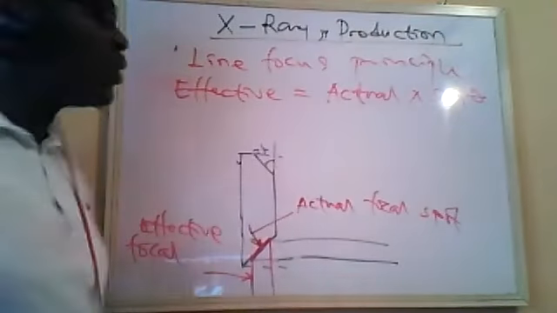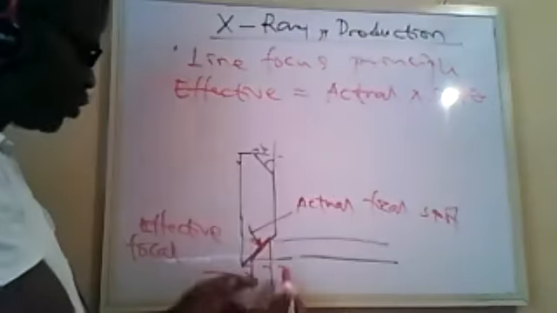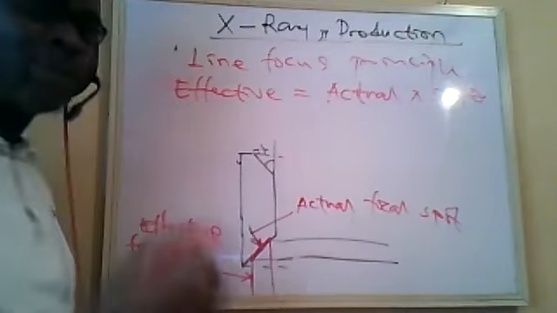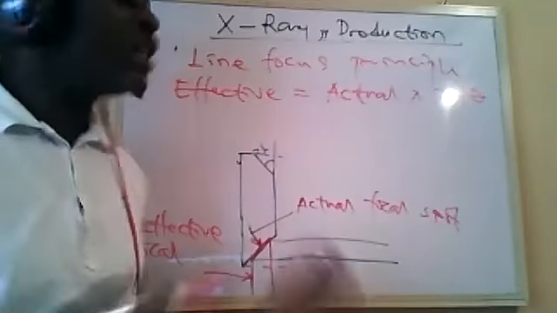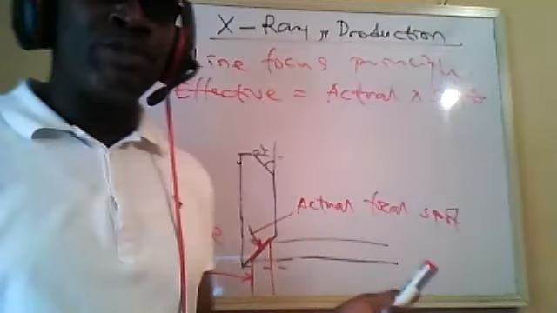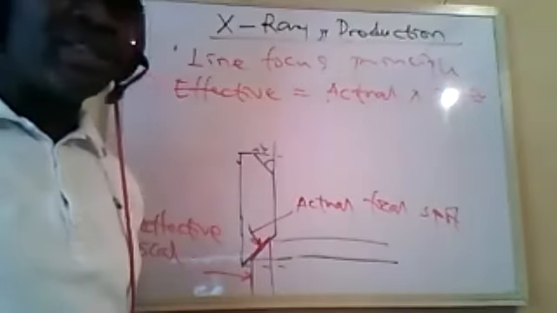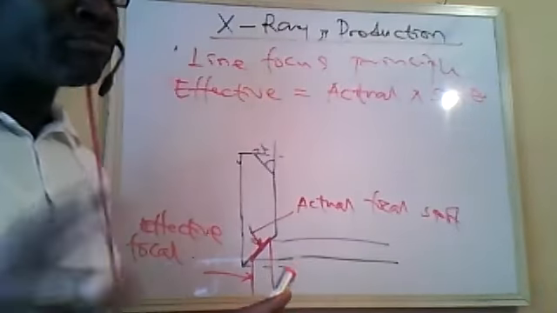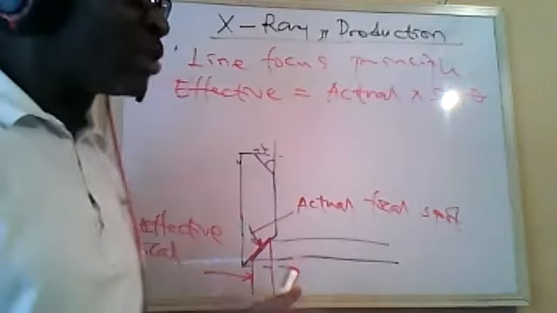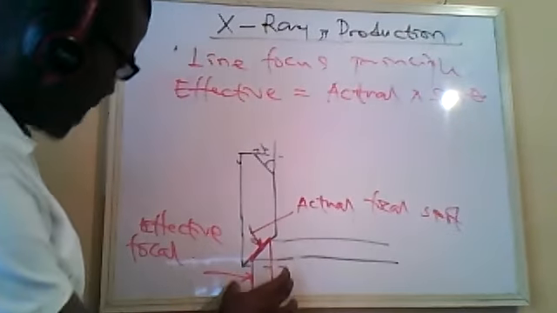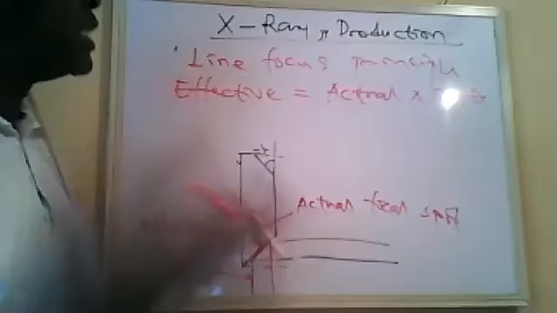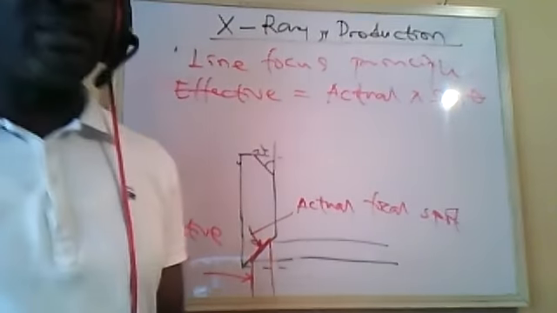And the purpose of this angulation is to make sure this is as small as possible. When the effective focal spot is small, it is going to help us in detail, that is, in spatial resolution. The smaller the effective focal spot, the better the spatial resolution.